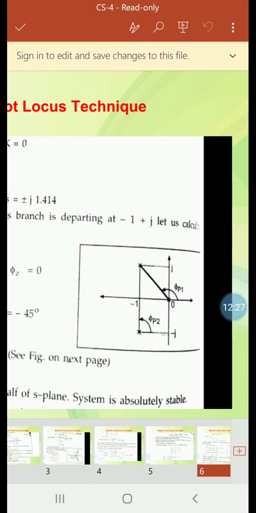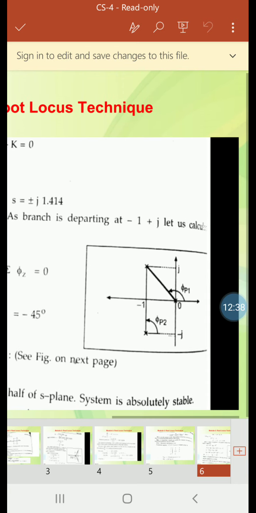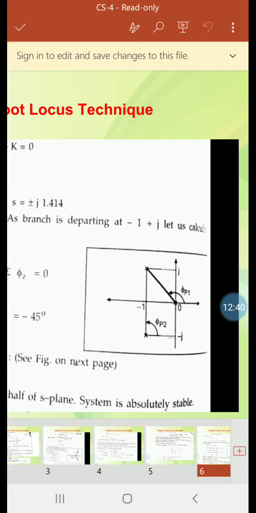You can see this is phi p1, this is phi p2. From the figure, using geometry, you can determine phi p1. Phi p1 will be equal to 135 degrees. How is it 135 degrees? 90 plus 45, 135 degrees. Phi p2 is shown here, which is exactly 90 degrees.